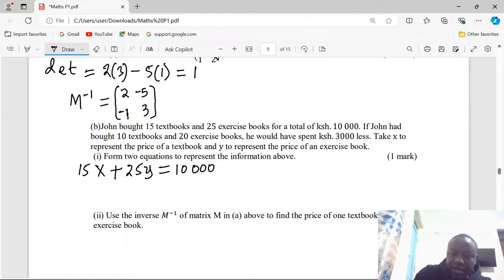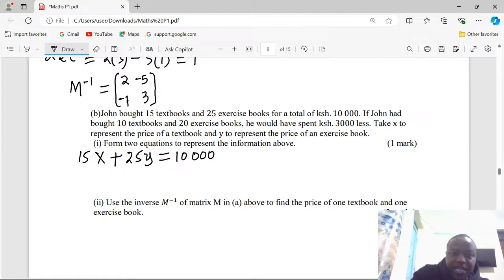Then again, we know that if John had bought 10 textbooks, so 10 by X, and 20 exercise books, 20Y, he would have spent 3,000 less. That means he would have spent 7,000.